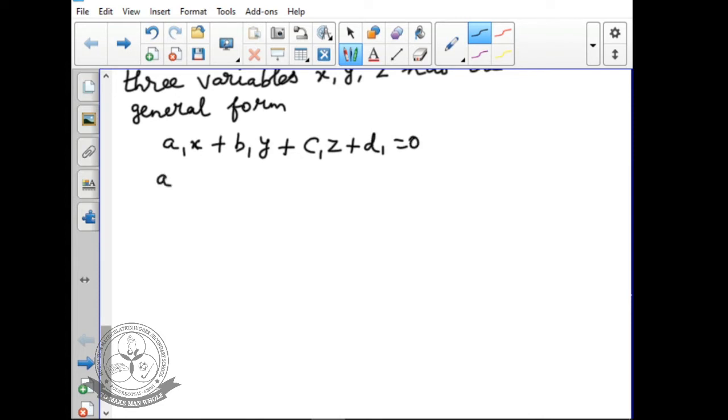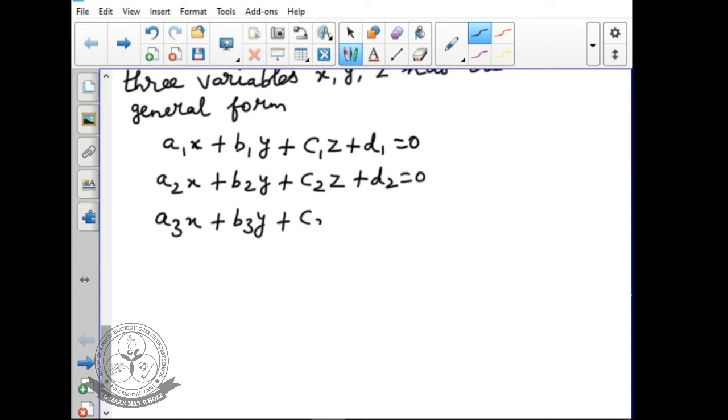Next, a2x plus b2y plus c2z plus d2 equal to 0. Next, a3x plus b3y plus c3z plus d3 equal to 0. Okay, this is the general form of the linear equations in three variables x, y, z.